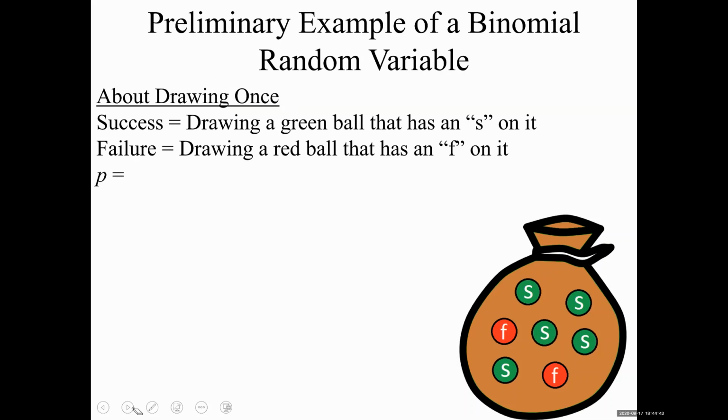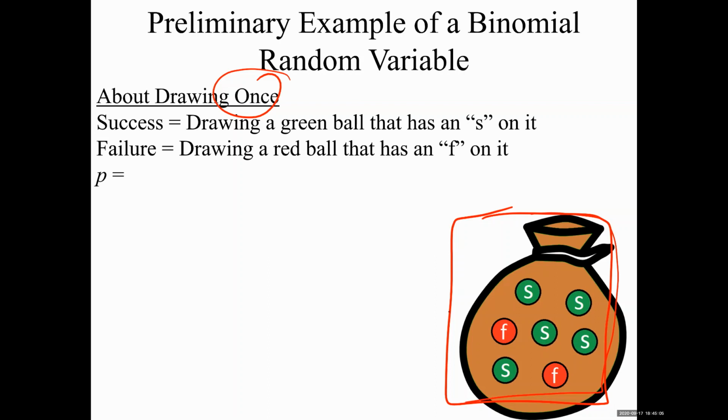Then you can write down little p. Little p is the probability of success. When you're trying to find the probability of success, again, pretend that you're drawing once. If you draw 1 time out of this bag, what is the probability you get a success? Someone tell me. You draw once out of the bag.